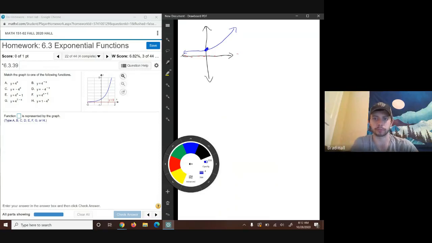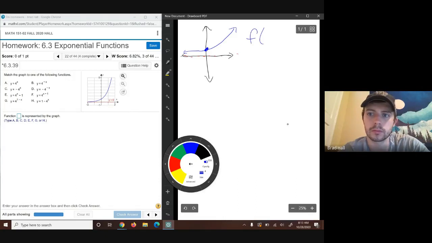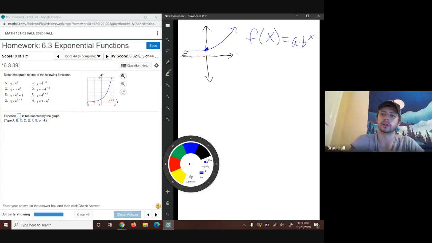That's what really differentiates these problems from one another. What I wrote down, albeit very poorly, is the parent function: a times b raised to the x, or whatever variables are used. It all represents the same thing. So I don't see any transformations at all. I don't see any reflections. I don't see, to my knowledge, any shift of the graph.